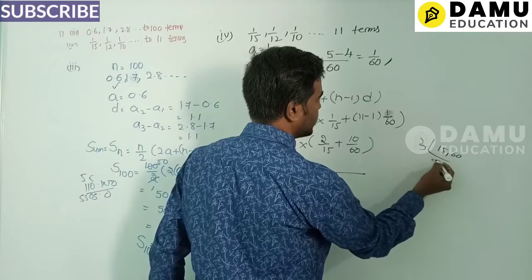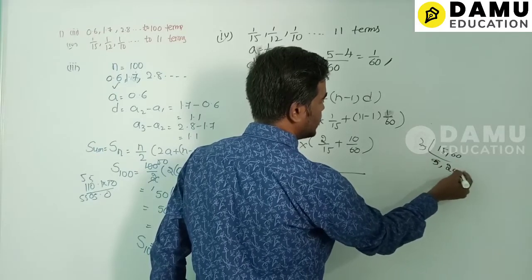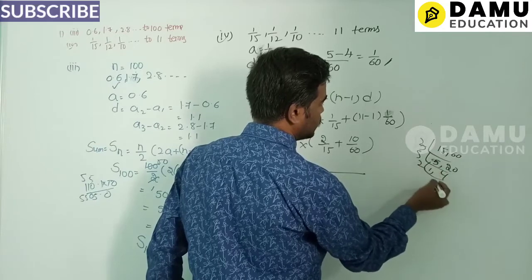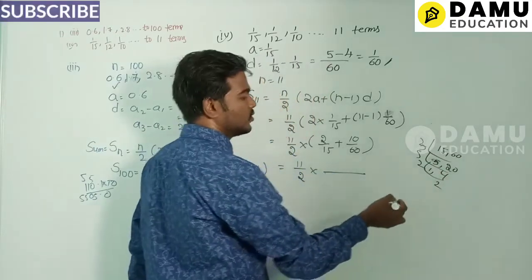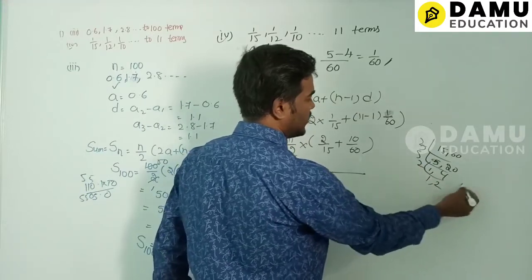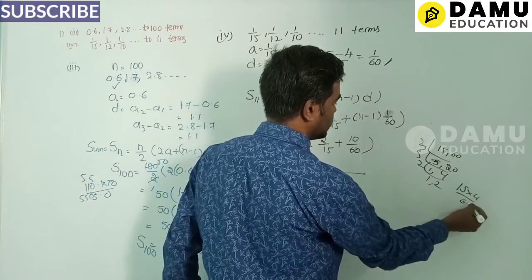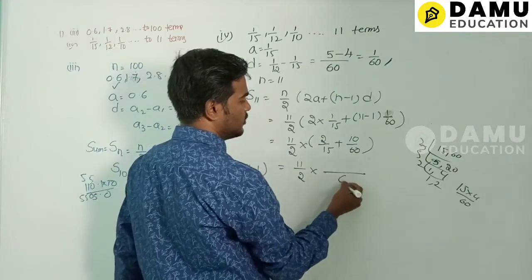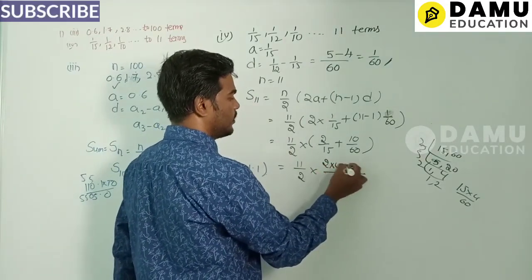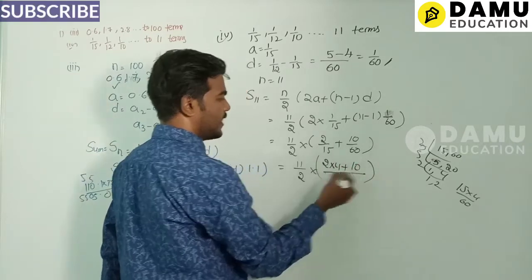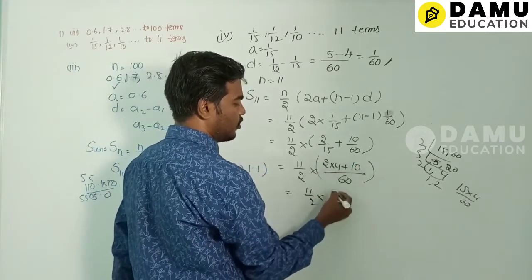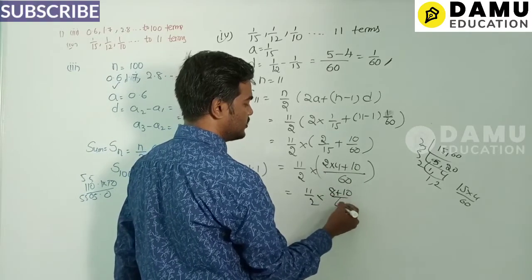3 fives are 15, 15 into 4 is 60. So 60 is the least common multiple. So 15 fours are 60, 2 into 4 plus 10. So this is the value we will get. 11 by 2 into 2 fours are 8 plus 10 by 60.